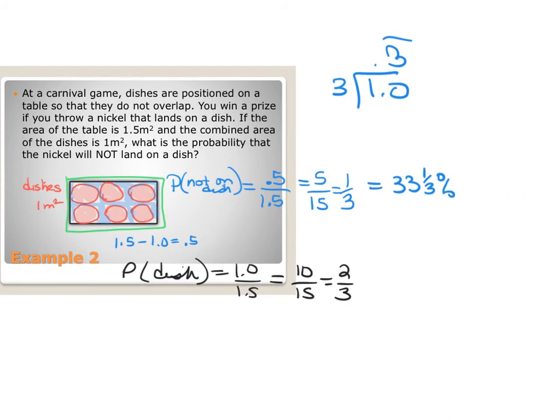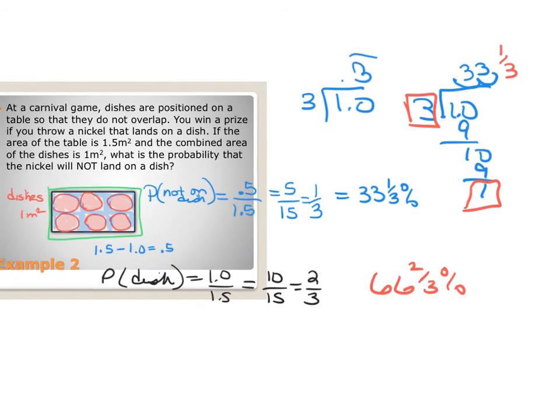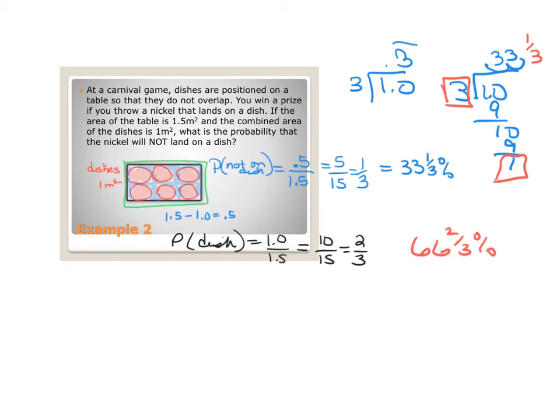Now, keep in mind what you can do here is sort of treat it like a mixed number and divide it 3, 9, 1, 3, and then stop here, because you would move it 2 times and then take this remainder and put it over what you're dividing by. That's how you can turn it into 33 and 1/3. 2/3 is actually 66 2/3%. But again, more than likely, if it's a repeating decimal, just leave it the fraction.